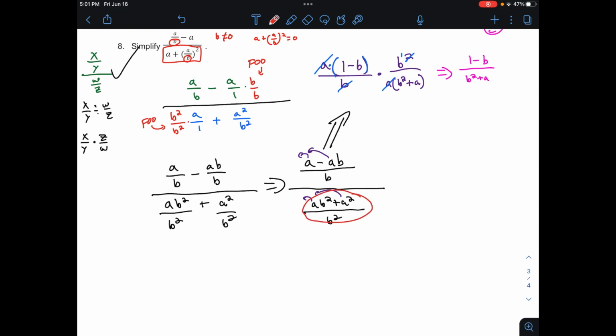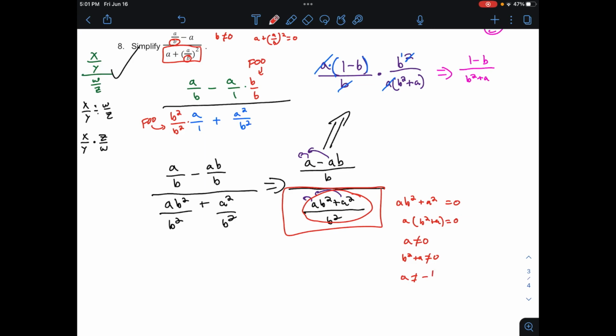Or we can't have this whole thing be 0, which means that b can't be 0 from the denominator, or the numerator can't be 0 either, because then this whole big denominator would be 0. So if we try to set that equal to 0 and solve, factoring, we would get ab squared plus a equals 0. We get a cannot equal 0, and also b squared plus a cannot equal 0.